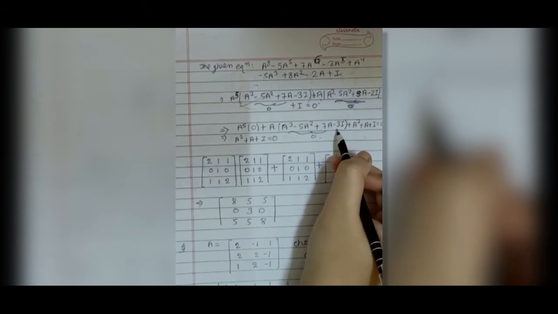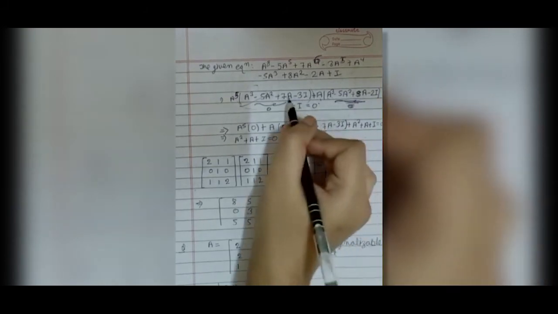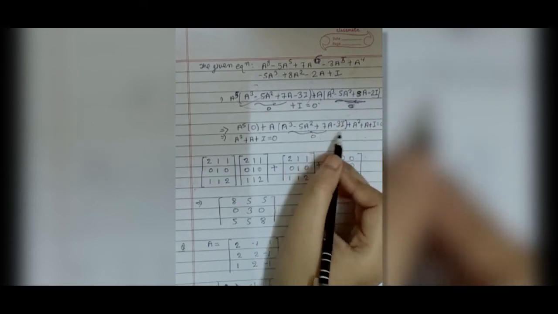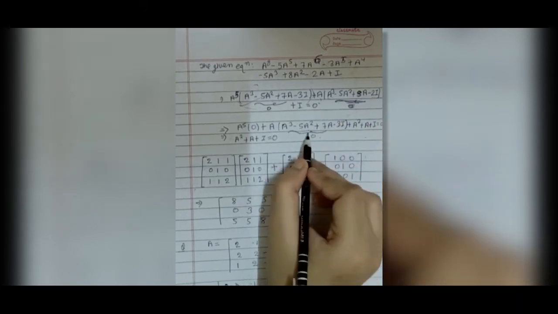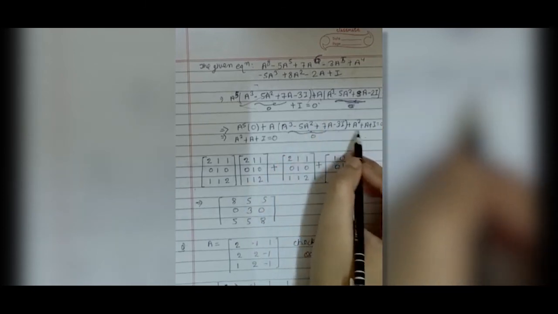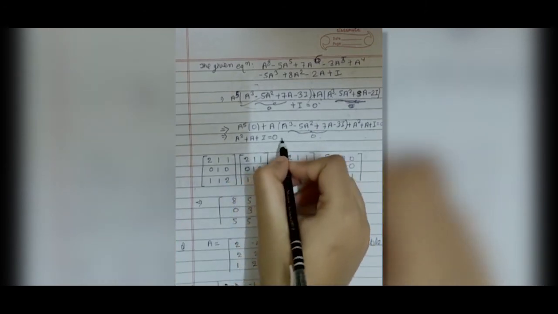So now whatever is the extra, like there is 7A and we need to match this, so we need to add plus A, and here it is minus 3I. But here it is minus 2I, so we will add 1I. So yeah, we have reduced this to this. Now this term is also gone, we simply get A square plus A plus I equals to 0.